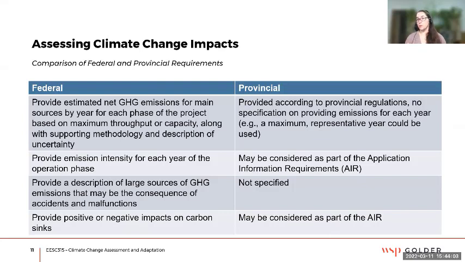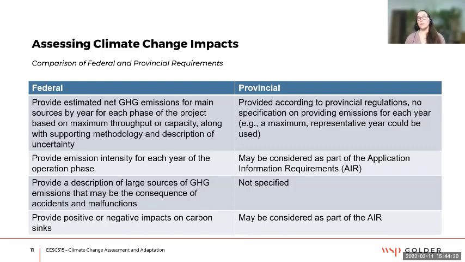And those have just come out since 2020. And there's even more draft technical guidance that has come out just in 2021 to help guide a more fulsome assessment of greenhouse gases and climate resilience to allow Canada to continue to meet its targets.